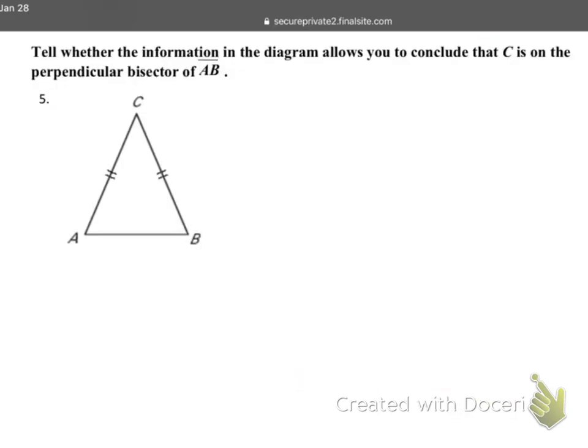Okay, question number 5 says, tell whether the information in the diagram allows you to conclude that C is on the perpendicular bisector of AB.